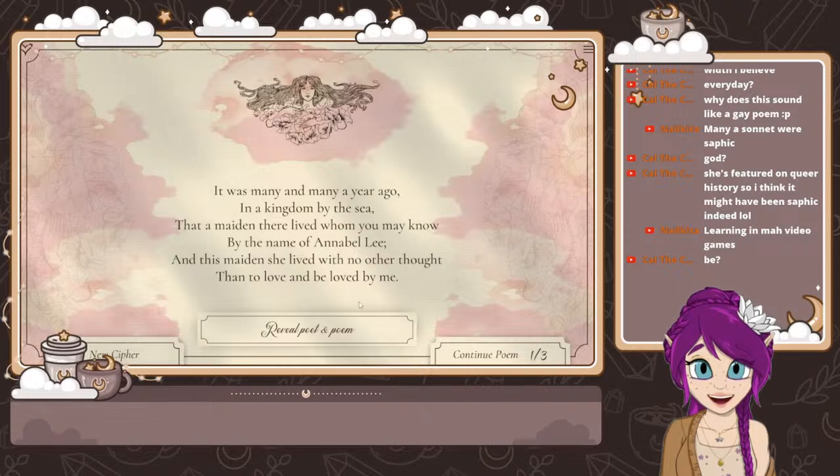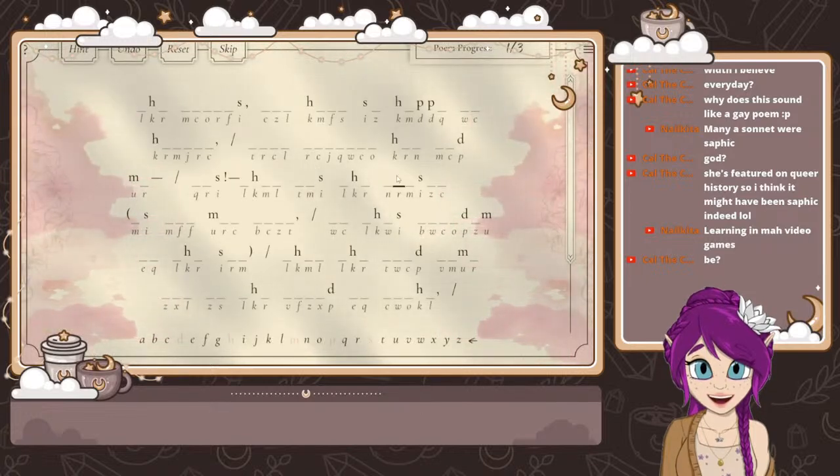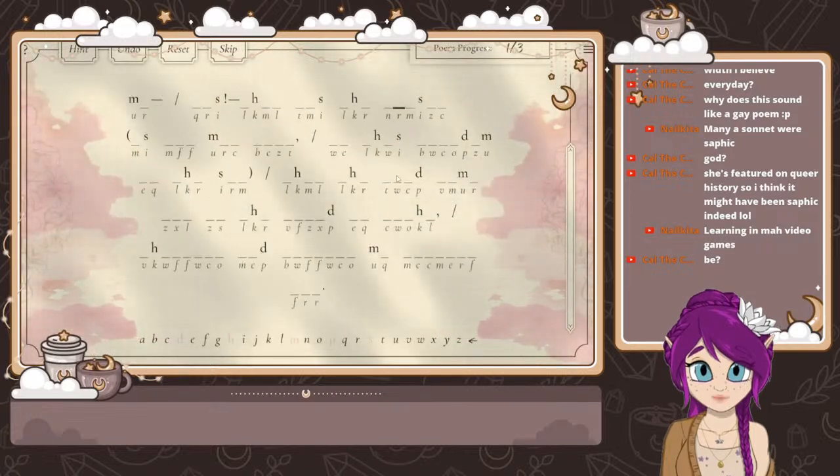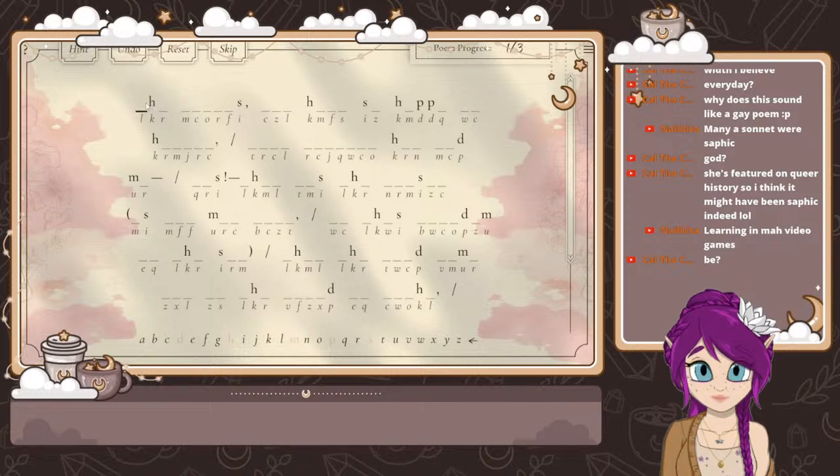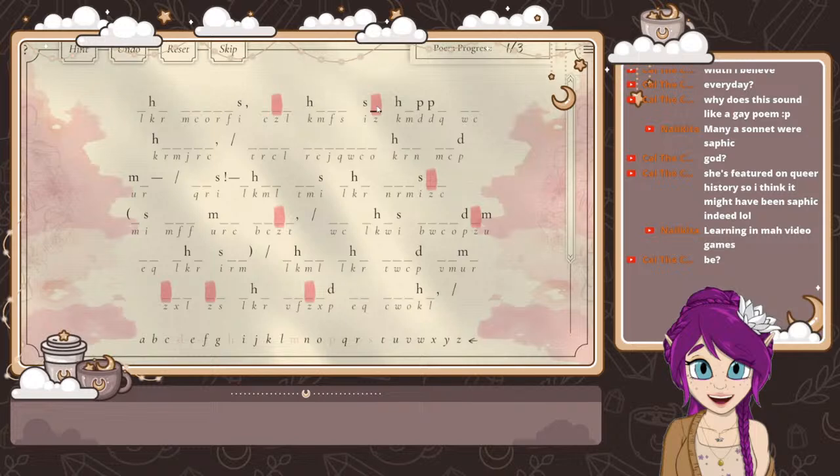This sounds like a very happy beginning. This is a poem about death, so I have a feeling it might take a turn. This is probably so.